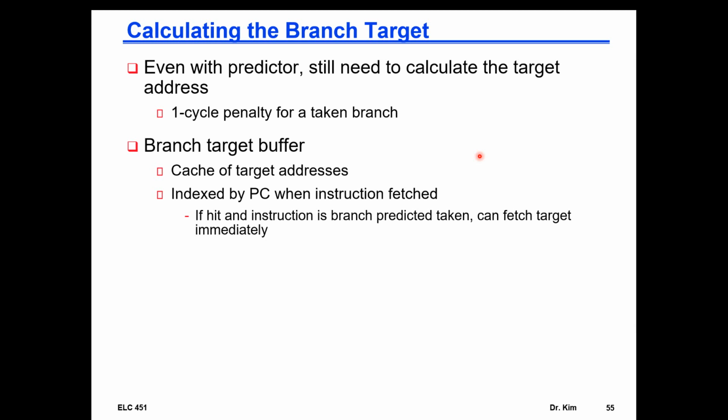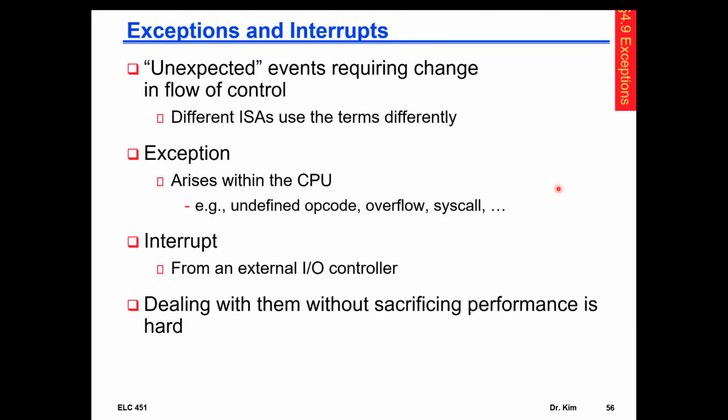And in the case that we predict that the branch is taken, we can just use that value immediately. So this gives you an idea of how to mitigate the stalling and the flushing of the pipeline, and how to deal with control hazards, which is really the subject of branch prediction.